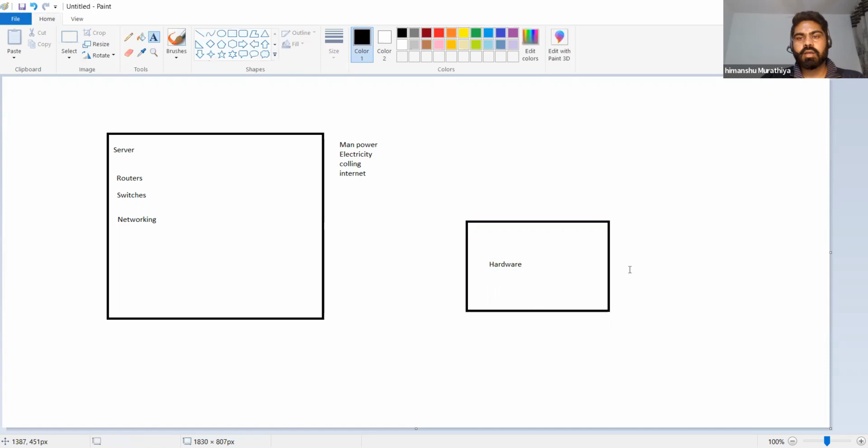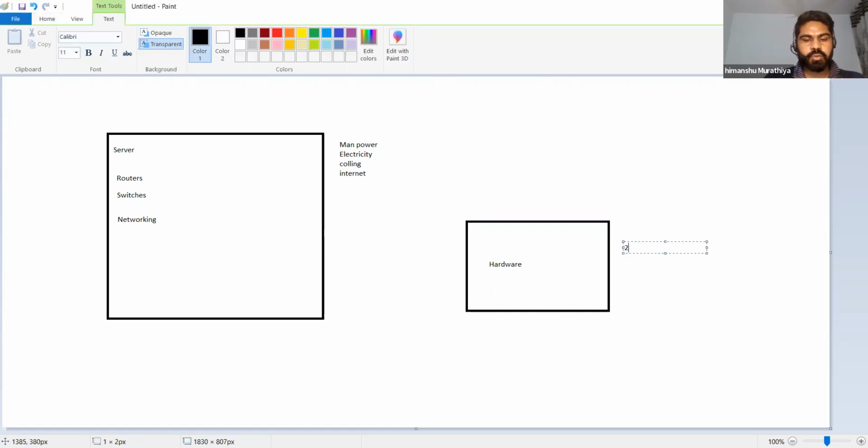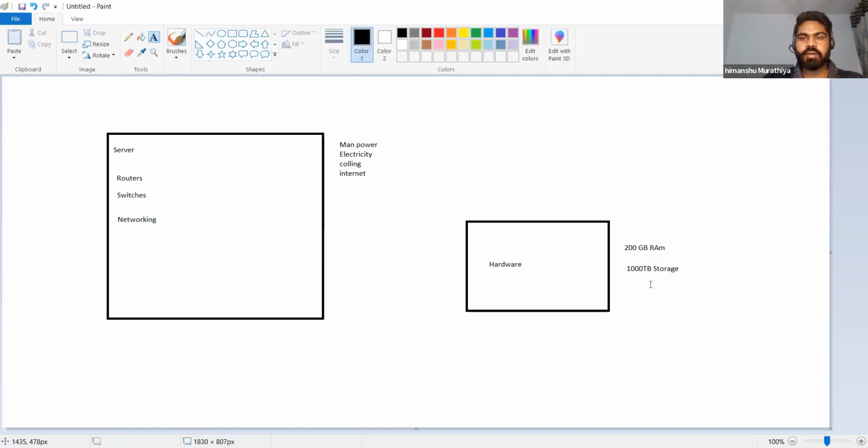Let's suppose it has 200 GB RAM, and 1000 TB is our storage. Initially we are building an infrastructure with 200 GB RAM and 100,000 TB storage, right?